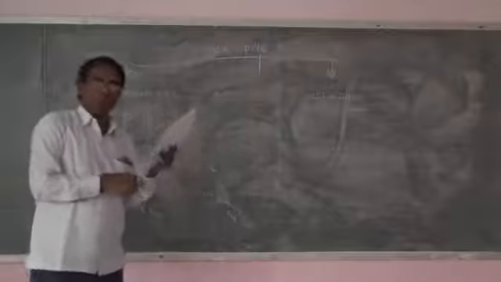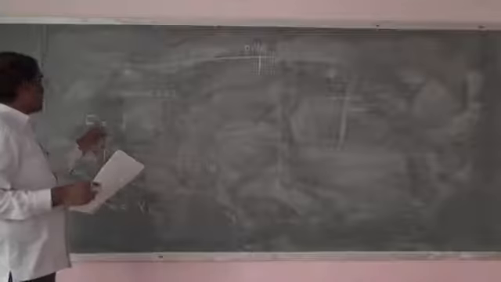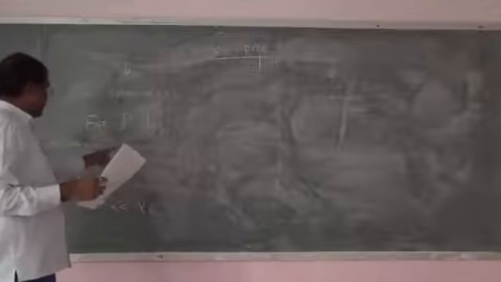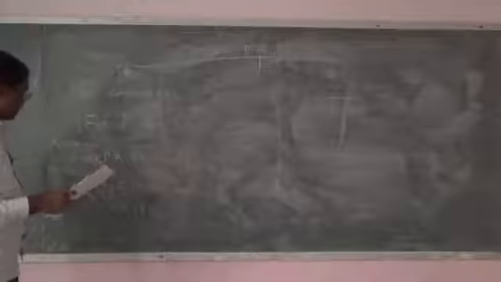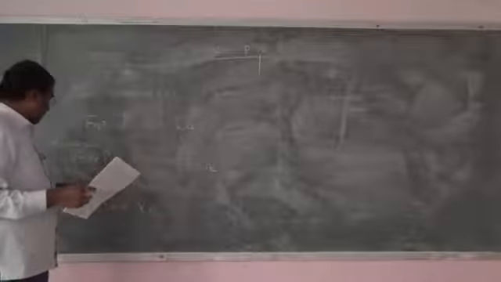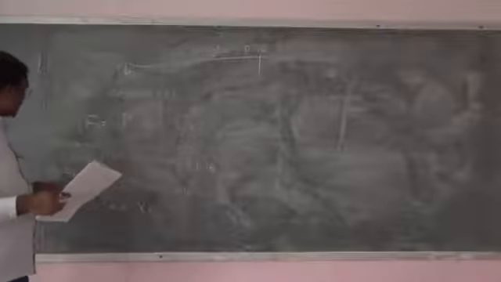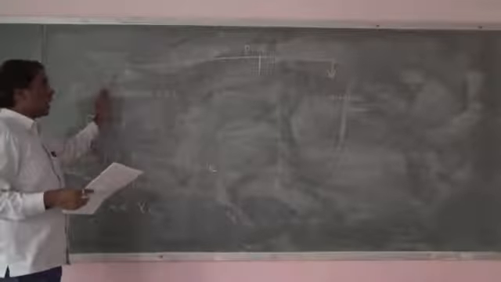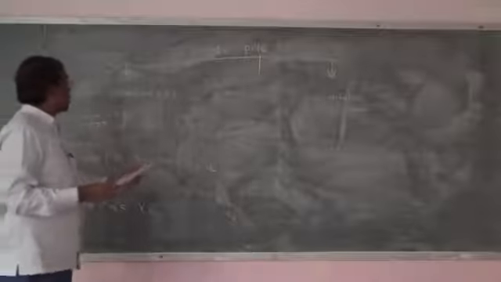This is the formula P LC CA, where P is equal to perimeter of pile, LC is equal to length of pile in compressible soil, CA is equal to alpha into Cu, alpha is adhesion factor, and Cu is undrained cohesion. This is the formula for finding negative skin friction in cohesive soil.